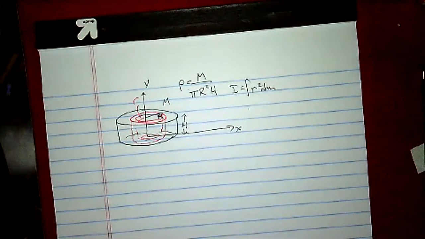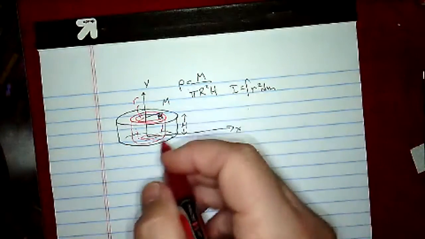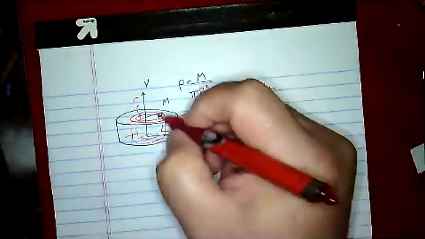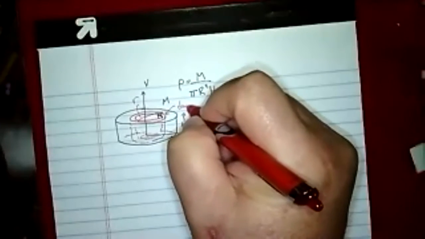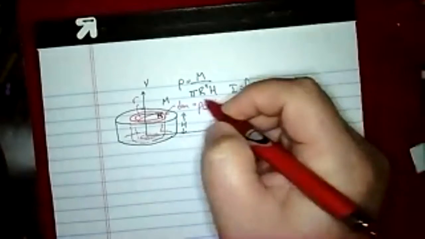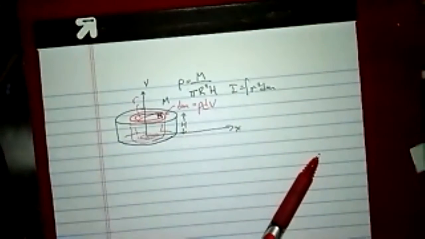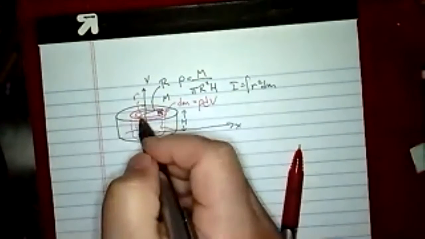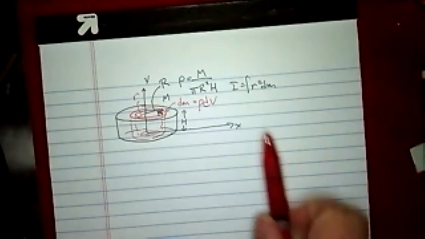Now this formula may not seem exactly right, but if I call that my dm, then my dm will equal rho dv. Let me relabel this R again since I've obscured it. That's the radius big R, and of course the radius inside is little r.